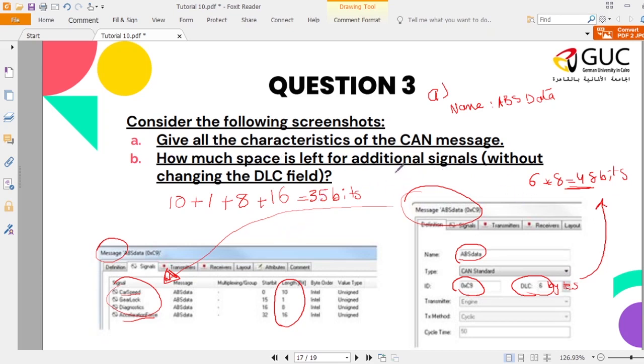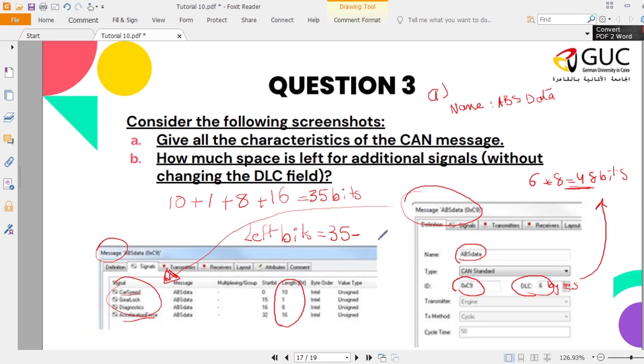If we come here, we can say the left bits to use are the 48 minus the 35 of our four signals, that is, the total number of bits minus the bits used by the signals.